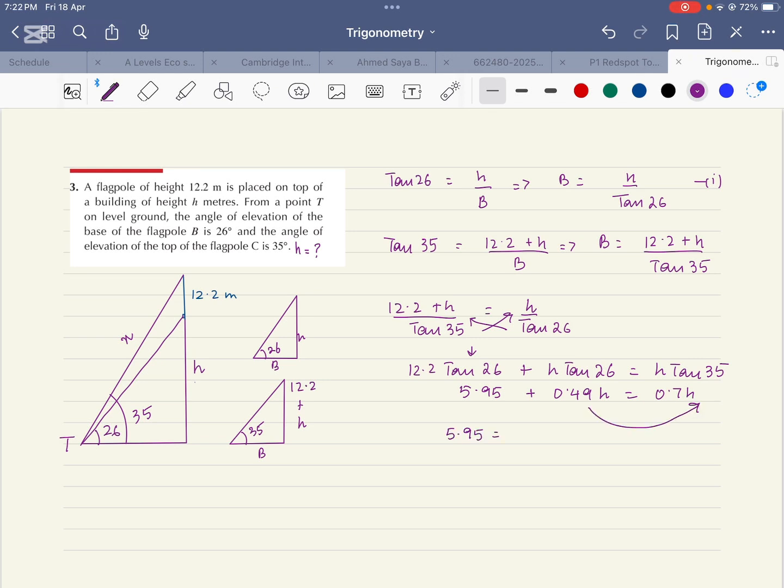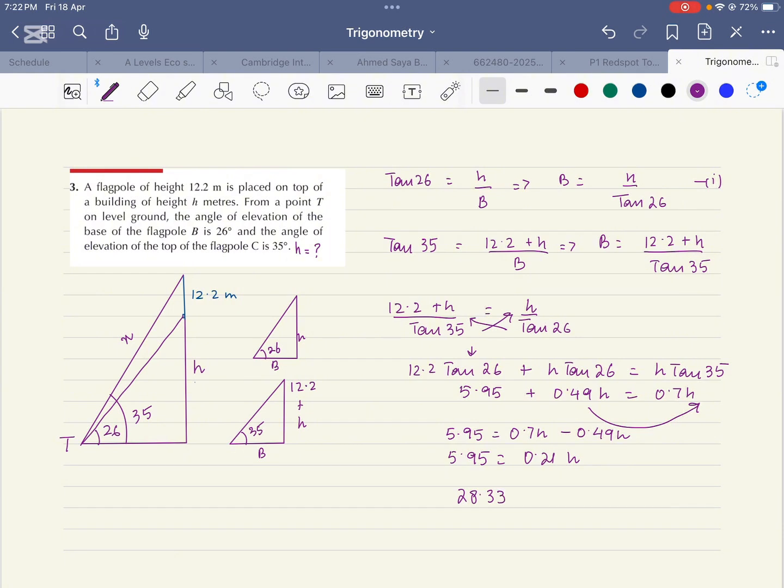5.95 is equal to 0.7h minus 0.49h. So 0.7 minus 0.49 gives me 0.21. 5.95 is equal to 0.21h. 5.95 divided by 0.21 gives me 28.33.